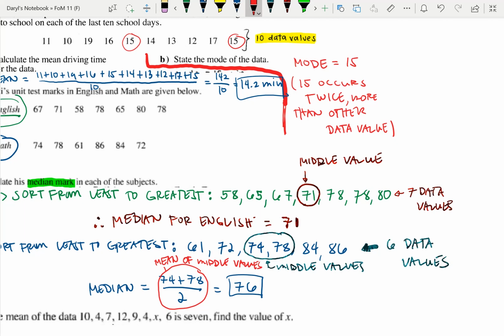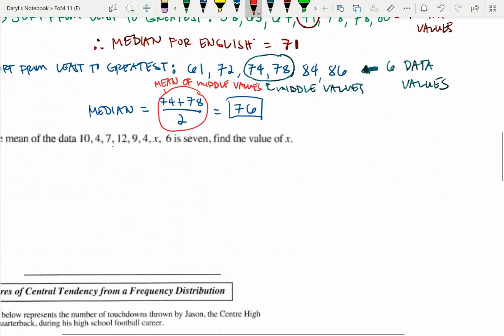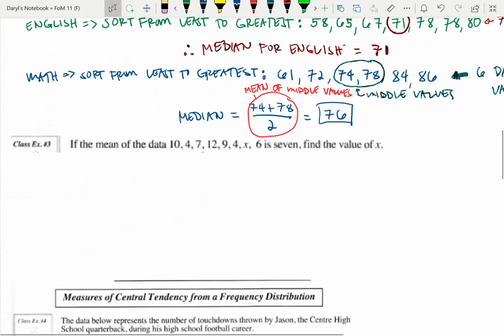Okay, so let's move on to the next example in your text. So if the mean of the data, so you're given data 10, 4, 7, 12, 9, 4, x, 6, is 7, find the value of x.